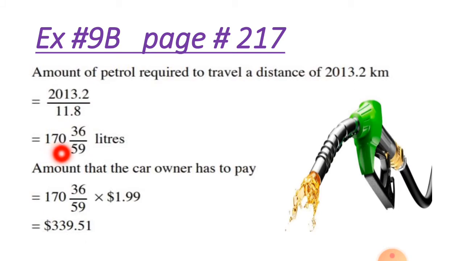So 117 and 36 divided by 59 liters. Your answer can come in decimal on a simple calculator, so that is also correct. The amount that the car owner has to pay: the same amount that we have found right now is going to be multiplied with the payment of $1.99. When you calculate these both numbers, you will get $339.51.